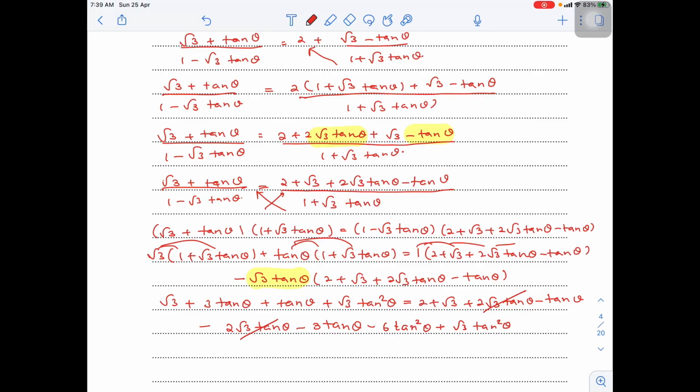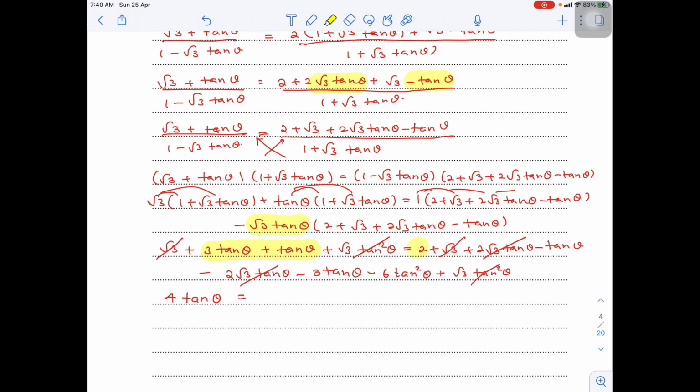Let me try to cancel out the terms that I can. So that is 2 root 3 tan theta minus 2 root 3 tan theta. Anything else that I can? Root 3 tan square theta and root 3 tan square theta. Then root 3 there and root 3 there.